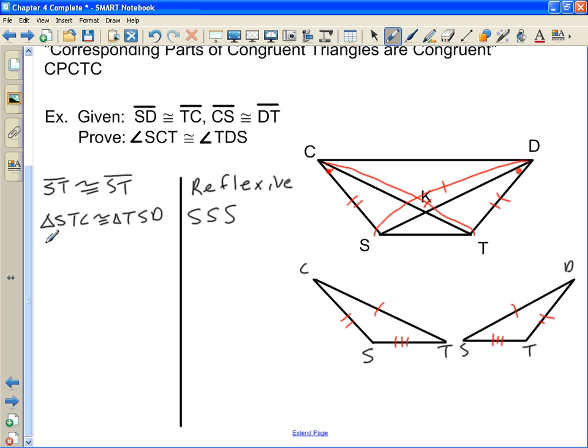So I'm going to say angle SCT is congruent to angle TDS because they are corresponding parts of these congruent triangles. So corresponding parts of congruent triangles are also congruent.